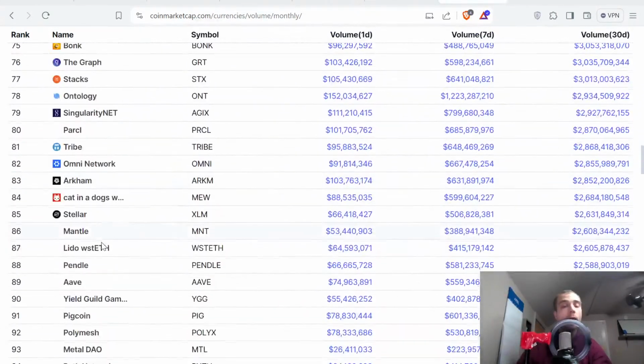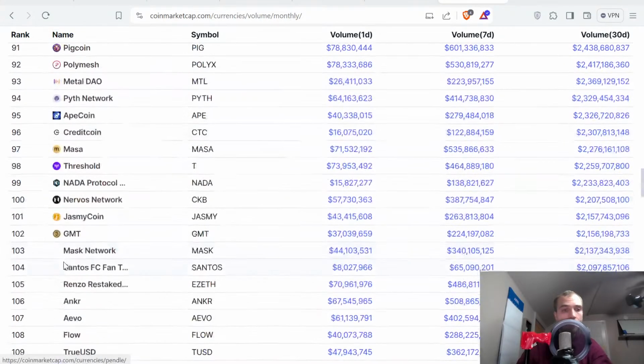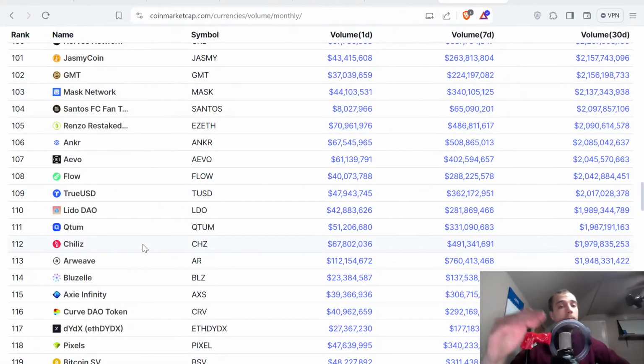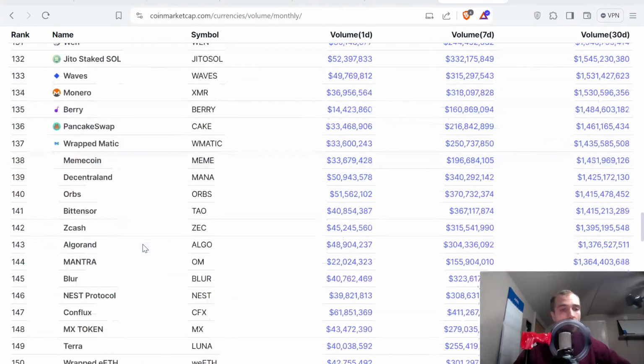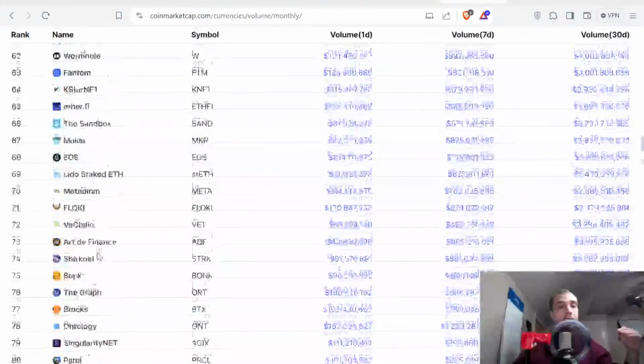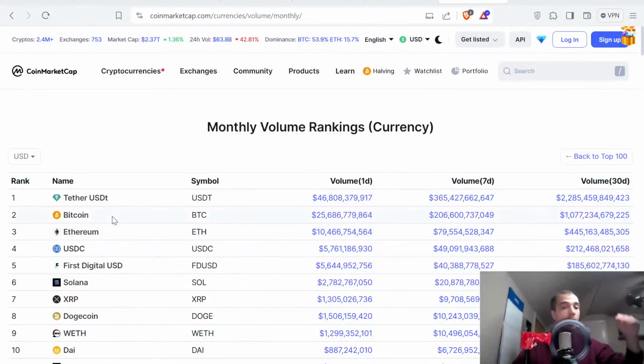So if you see a coin go from, excuse me, if you see a coin go from being at the very bottom of this list, like 100, 200, way down here on this list, then all of a sudden it pops way up closer to the top, and all of a sudden it's doing really high volume, then that's high volume.